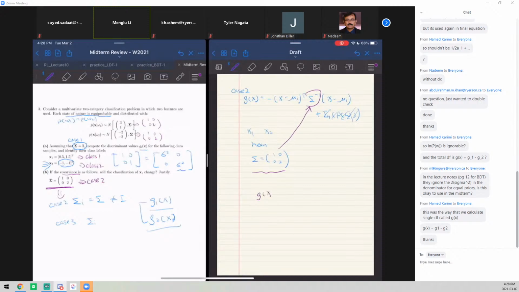So the final answer will be like this. Okay, it's 1, 2. And G1 is larger than G2, so X1 still belongs to class 1.